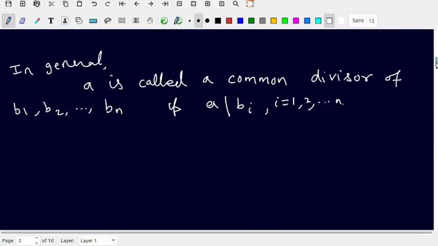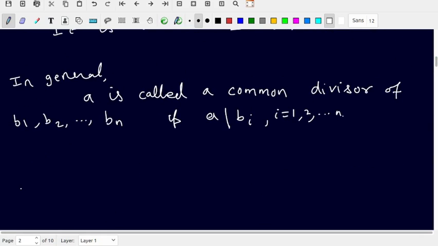Okay, so the greatest common divisor of these numbers is the greatest among the common divisors, right?